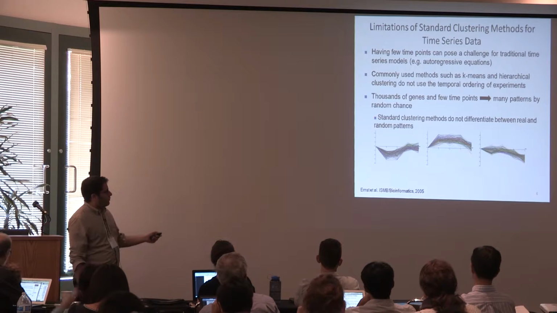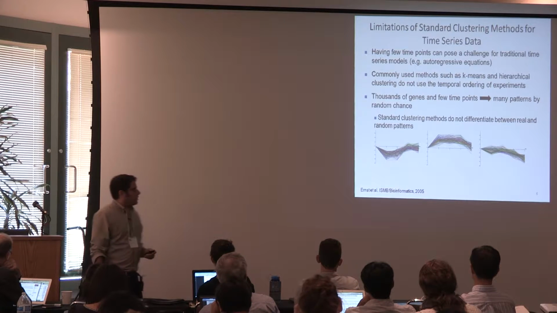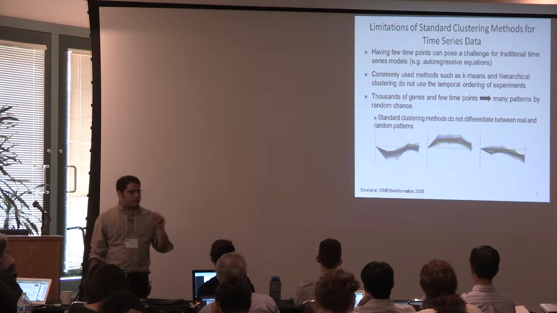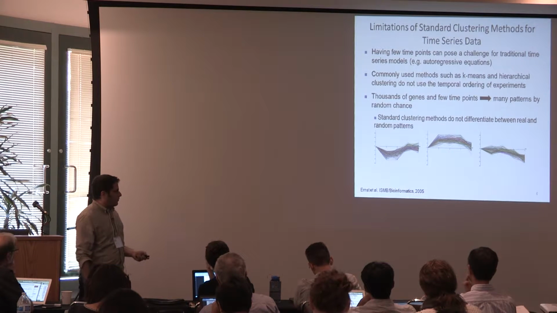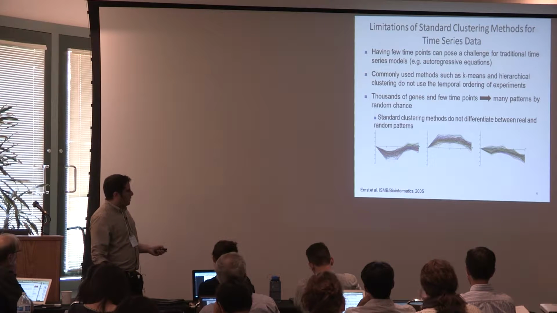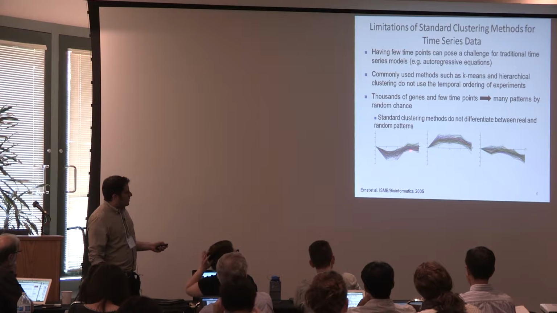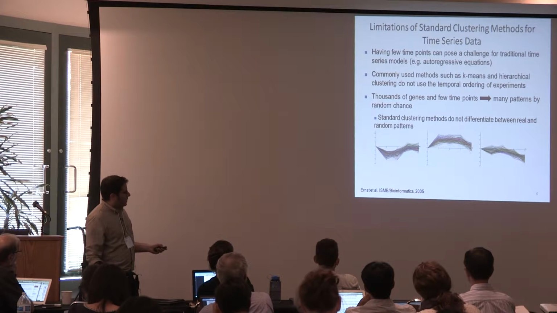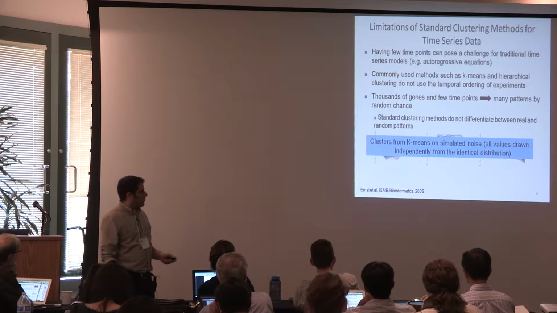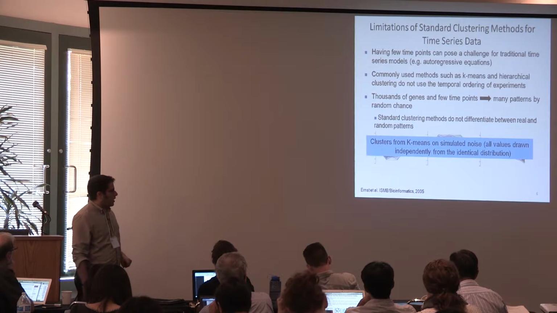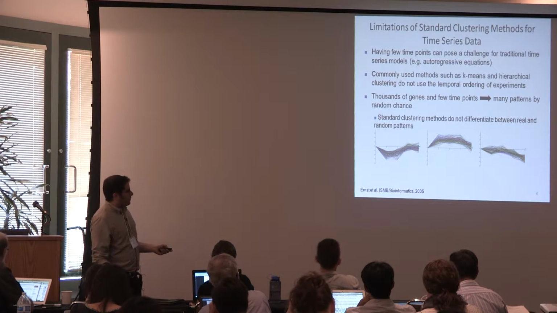Potentially more importantly, when you're profiling thousands of genes over a very small number of time points, there could be many patterns that you could observe just by random chance, because there's a limited number of possible patterns. So it can be hard to differentiate what's a real pattern and what's a random one. To illustrate this, you can see 3 clusters here, but it turns out that these came from applying k-means on simulated noise, where all the values were drawn from independent identical distributions. But you can still return clusters that visually look coherent.